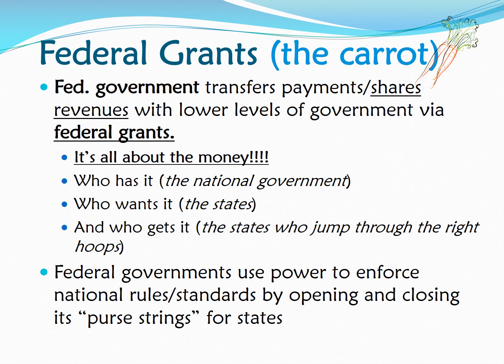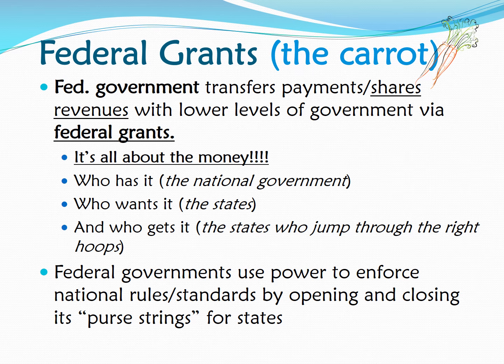So here's the other tool available to the federal government. Let's continue with the analogy of the animal trainer and the animals. If the federal government is the animal trainer and the states are the animals, remember I told you that there's one of two ways.